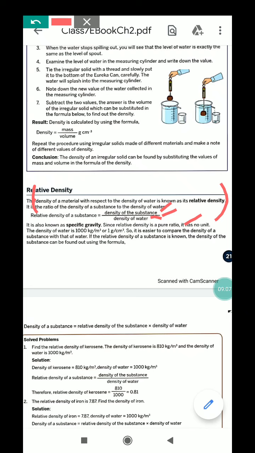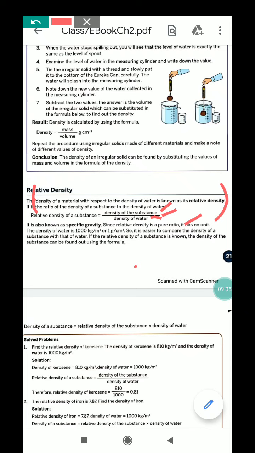So it is easier to compare the density of a substance with that of water if the relative density of the substance is known. We have taken water as the reference, and as we know the density of water, it is easy to find the density of that substance. So density of a substance is equal to relative density of the substance times density of water.